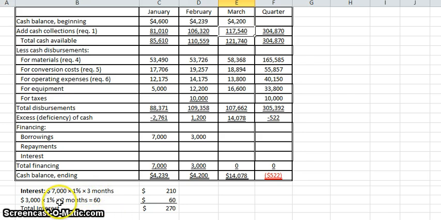So let's recalculate this. I had put a calculation in for what would it be if we paid back all 10,000, and the interest on the 3,000 for 3 months is $60.